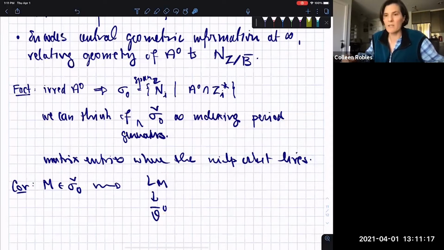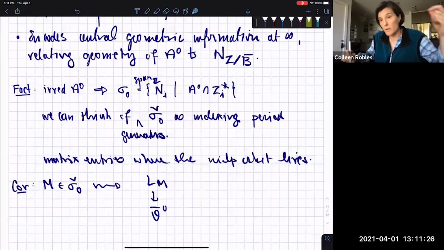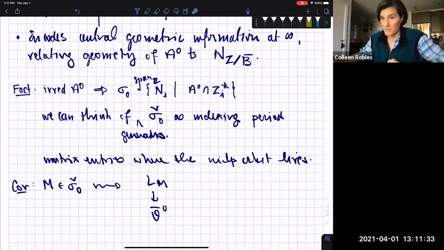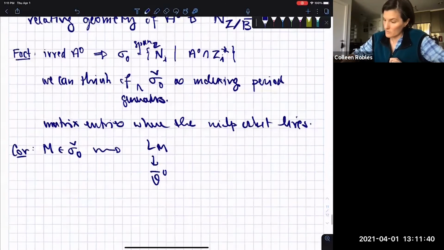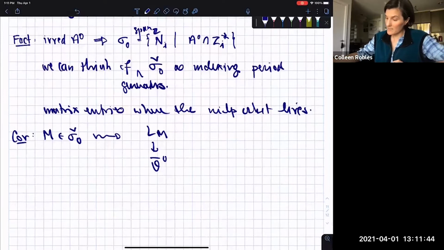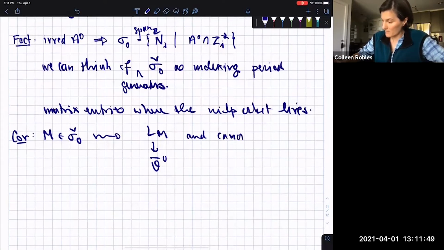And so to specify this line bundle, I need to give a system of multipliers. And you do this in a sort of naive way by taking exponentials of these period matrix entries and then a ratio of 2. And this ends up giving you a system of multipliers, and with canonical sections attached to them, because you use the period matrix entries to define them. So you get this line bundle and a canonical section.